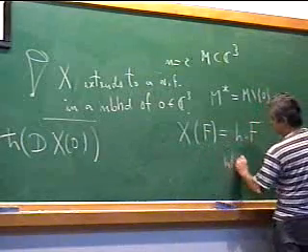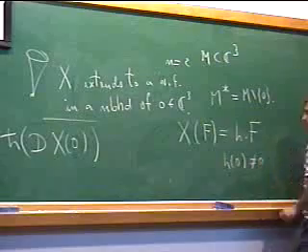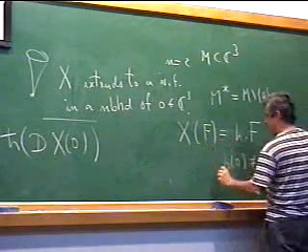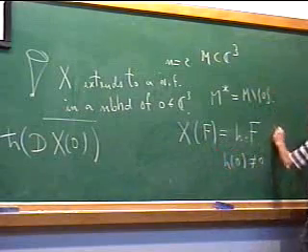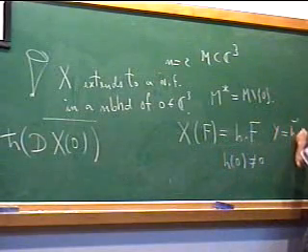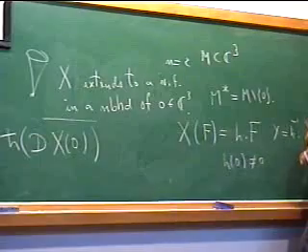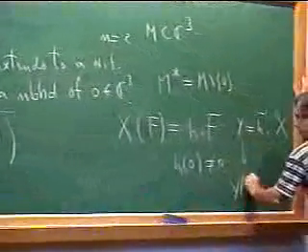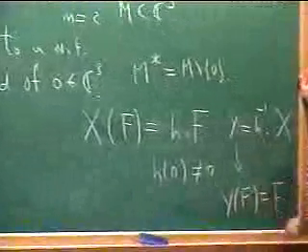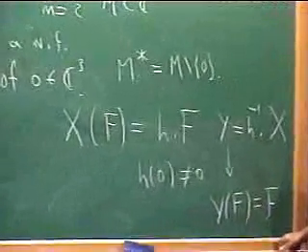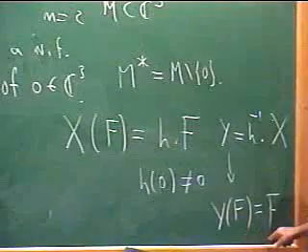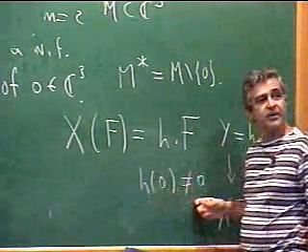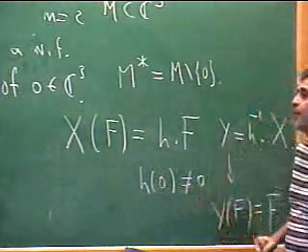So if h of 0 is different from 0, then we can divide x by h and consider the vector field y. So this vector field y satisfies the hypothesis, and then we use Saito's theorem in this case. So the problem is to show that h of 0 is different from 0.